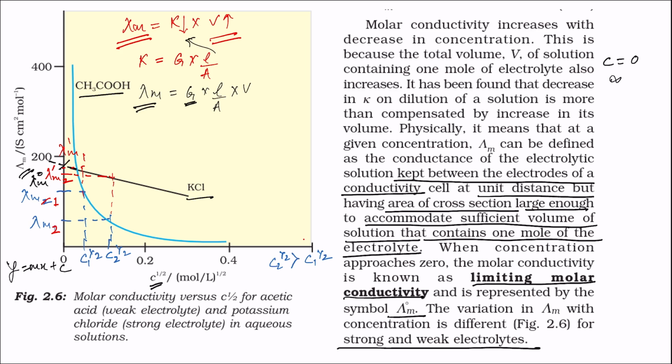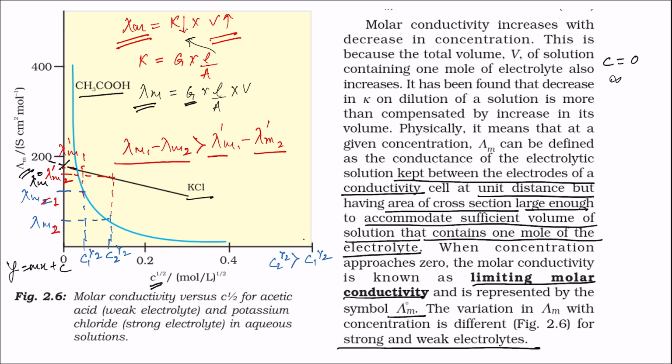Now for acetic acid, it can be seen that lambda m1 minus lambda m2 is greater than lambda m1 dash minus lambda m2 dash. Lambda m1 dash minus lambda m2 dash gives the change in molar conductivity with dilution for KCl.